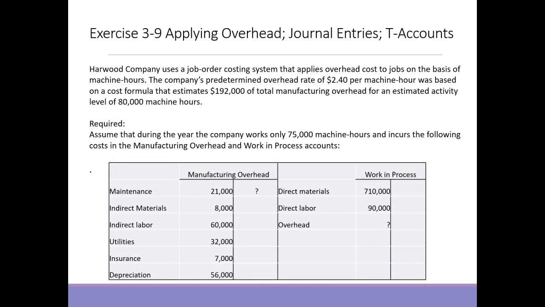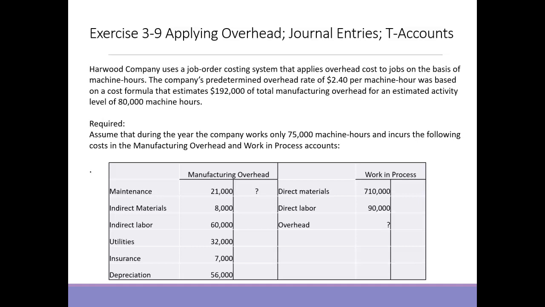So here, Harwood uses a job order costing system that applies overhead costs to jobs on the basis of machine hours. The company's predetermined overhead rate of $2.40 per machine hour was based on a cost formula that estimates $192,000 of total manufacturing overhead for an estimated activity level of 80,000 machine hours. Assume that during the year the company works only 75,000 machine hours and incurs the following costs in the manufacturing overhead and work in process.